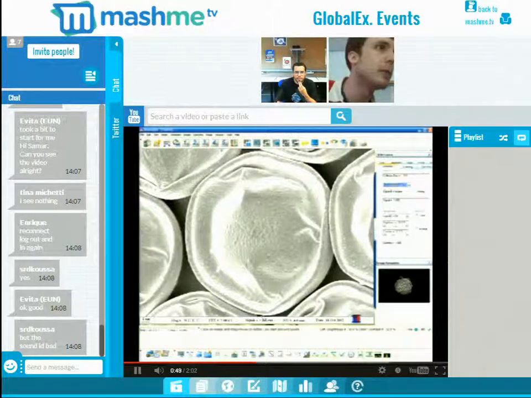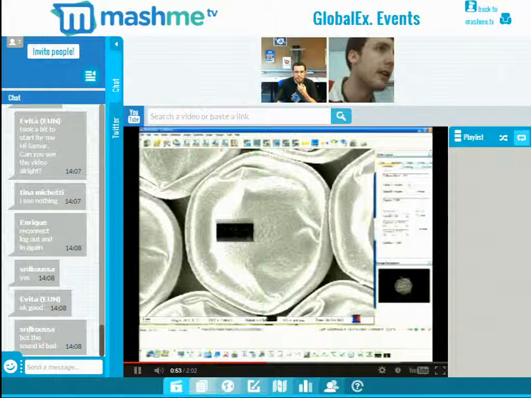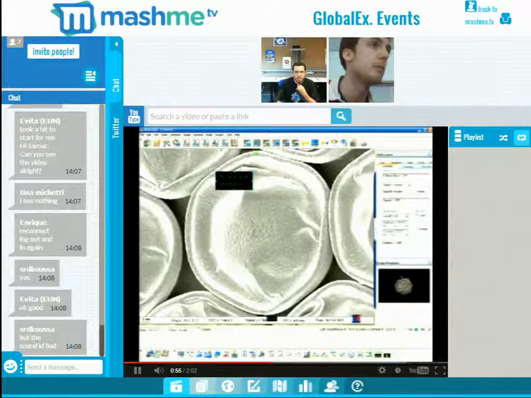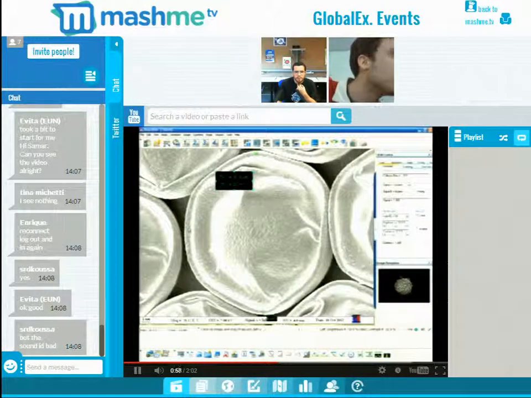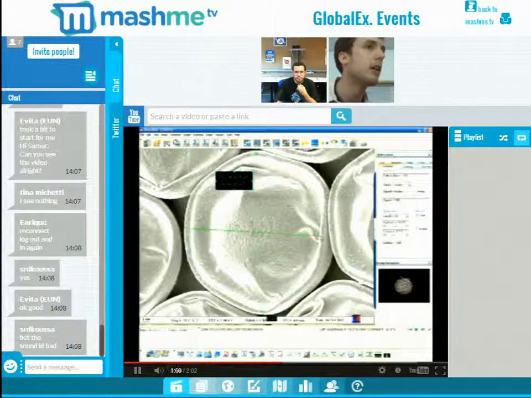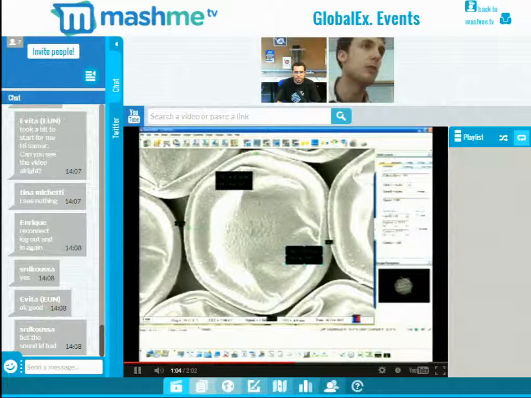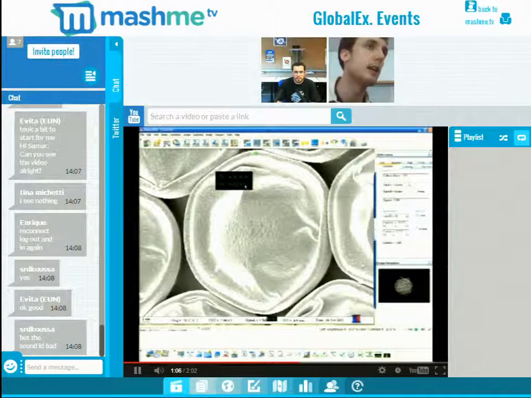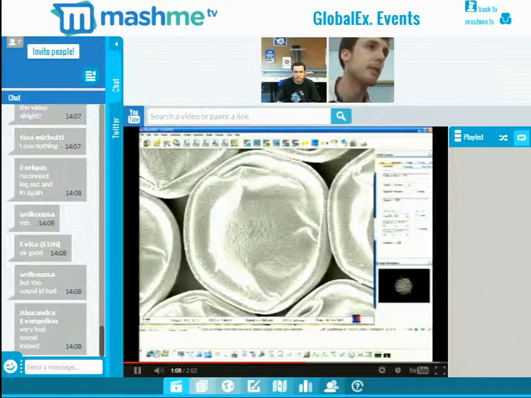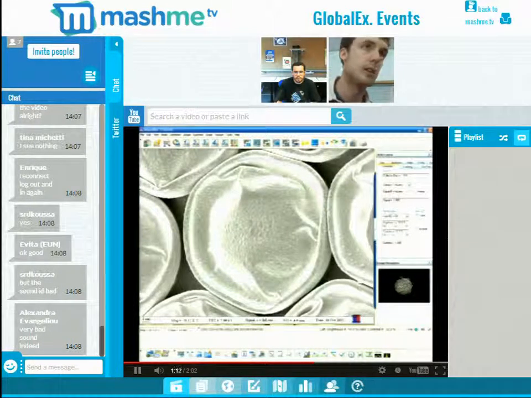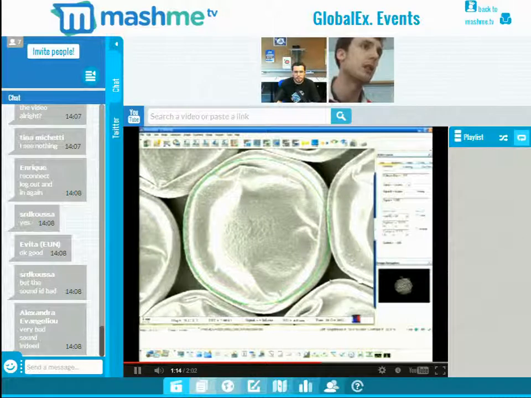Lens scale. Height here is about microns. Width is similar. Yes, it's about 20 microns.